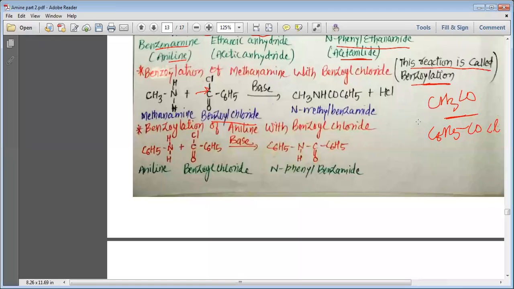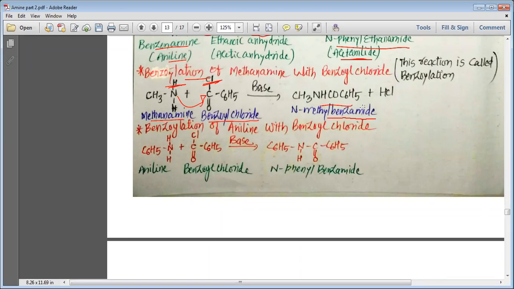So let us understand the benzoylation reaction, my dear students. If we have methanamine and benzoyl chloride attacks it, this nitrogen gets bonded with the benzoyl group, and this hydrogen makes HCl with the chlorine and they are removed, and this is how we get CH3NHCOC6H5, which is known as N-methyl benzamide. So here the product, instead of the acetamide, ethanamide, we will now call benzamide.